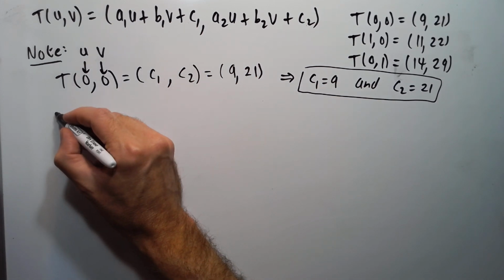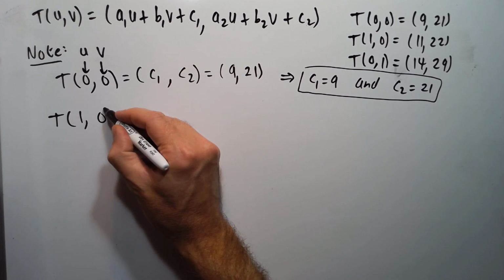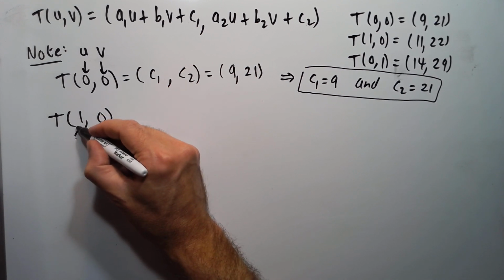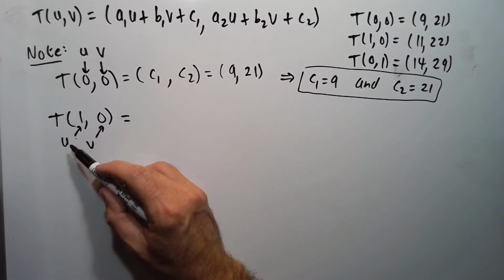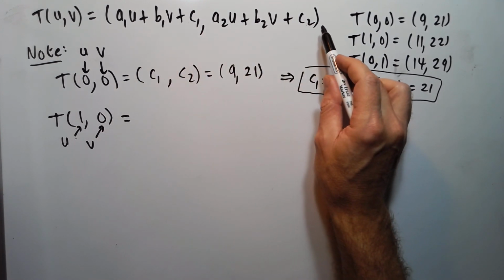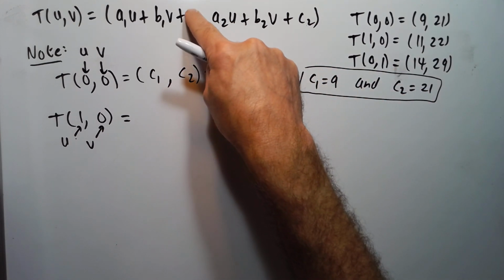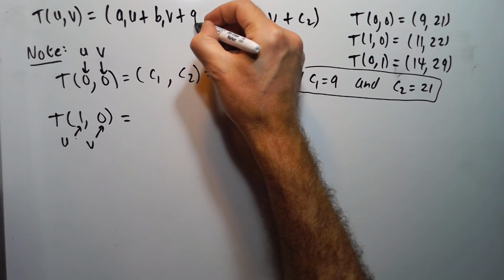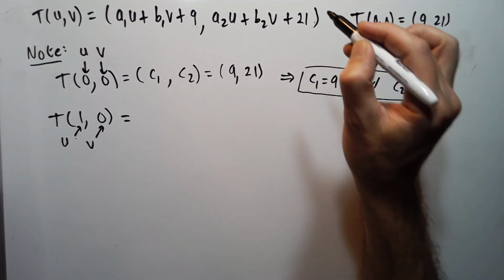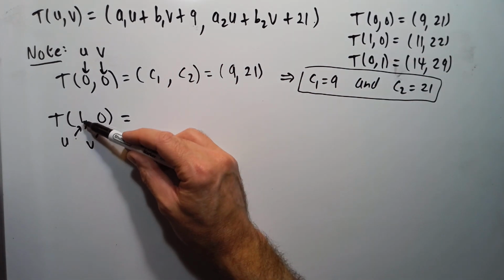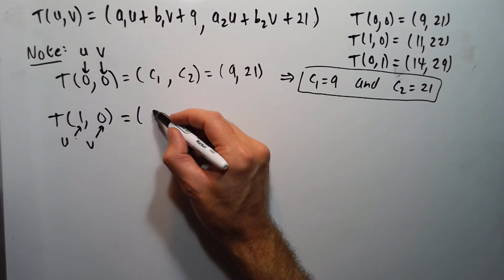Next, let's look at T of (1, 0). So that's U is 1, V is 0. So again, plugging up here. So at this point, actually, I could now take away my C1 up here and replace it with 9. I can take out my C2 and replace it with 21 now. Okay, so now putting 1 in place of U, you have an A1 there, because it'd be 1 times A1, so it'd be A1.